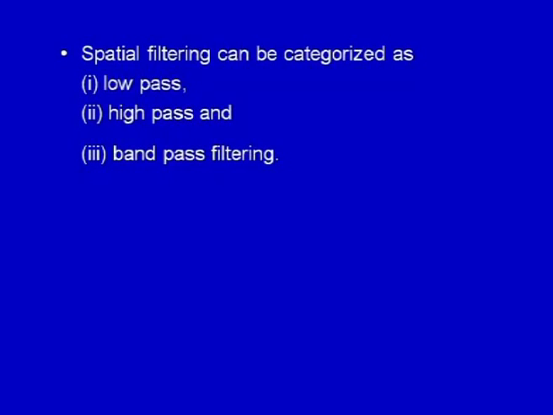Spatial filtering can be categorized as low pass, high pass and band pass filtering. It may be remembered that the first two are more commonly used in digital image processing, whereas the third one, that is band pass filtering, is used in signal processing.